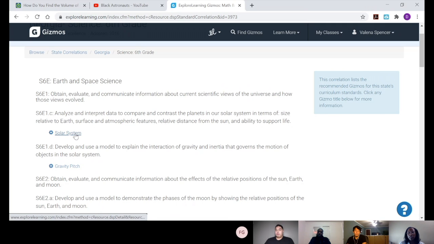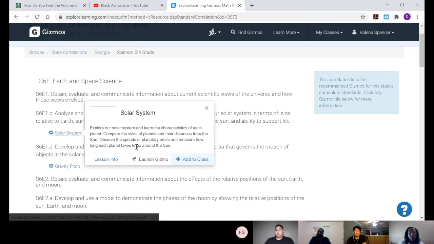So this would be the start of one of the Gizmos. You can see it explains, you have lesson info here. You can launch the Gizmo, or you can add this to your class. So again, your class can access it through the ClassLink platform. I'm just going to launch this Gizmo.